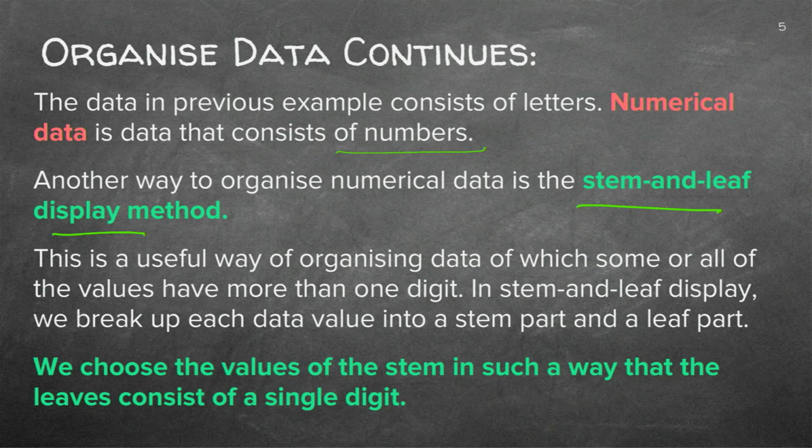This is a very useful way of organizing data of which some or all of the values have more than 1 digit. In a stem and leaf display, we break up each data value into a stem part and a leaf part. We choose the values of the stem in such a way that the leaves consist of a single digit. Let's explain.